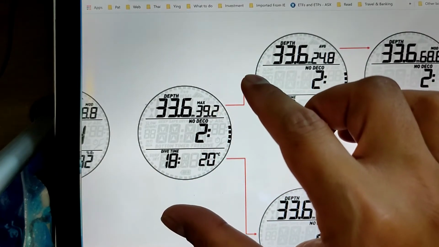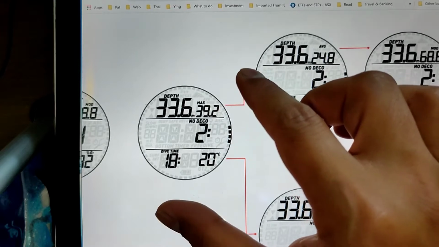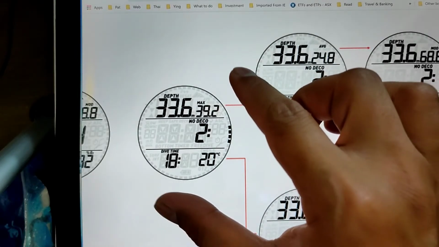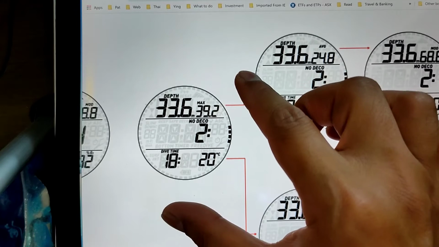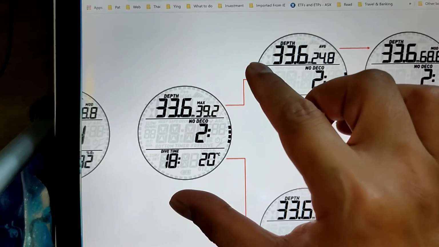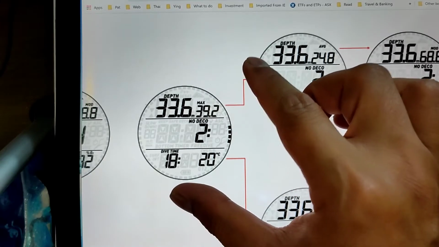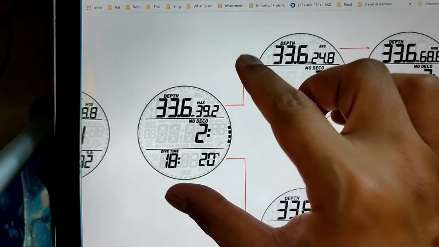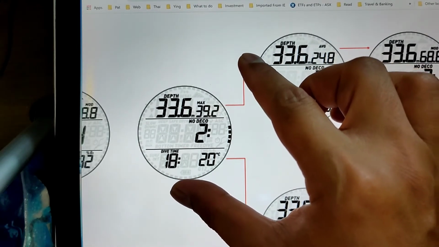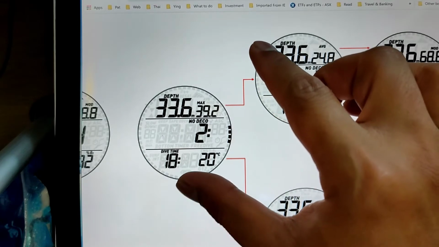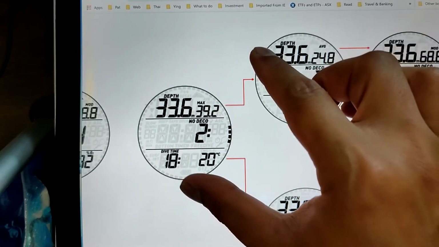What does no deco mean? It means that if you stay longer than 2 minutes at this current depth, then you have too much nitrogen built up in your body, so the computer will have to recalculate according to the nitrogen that is in your body, right?